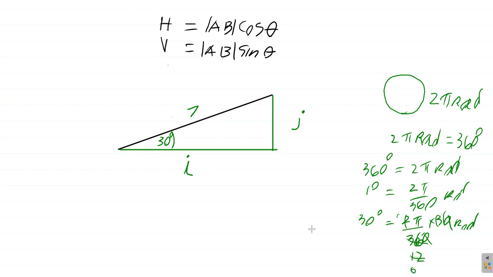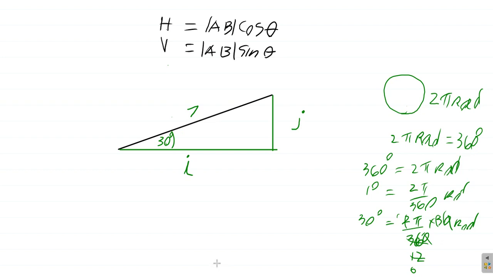This will be pi over 6 radians, the same thing. But anyway, we're going to work with degrees. If you use pi over 6 radians, you must put your calculator in radian mode. If you use 30 degrees, you must put your calculator in degree mode.